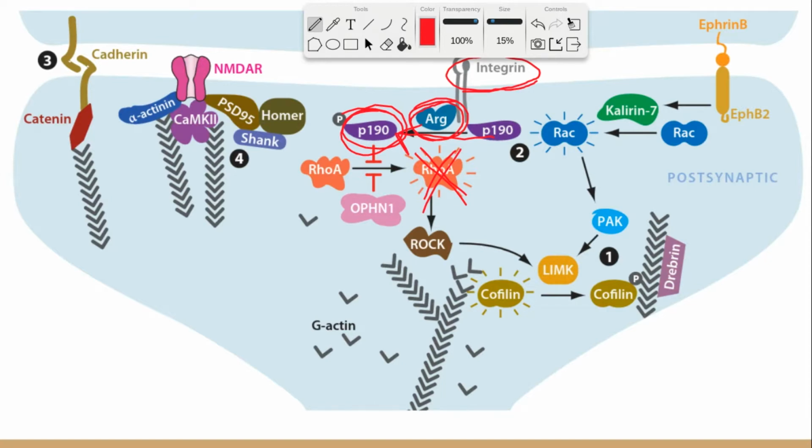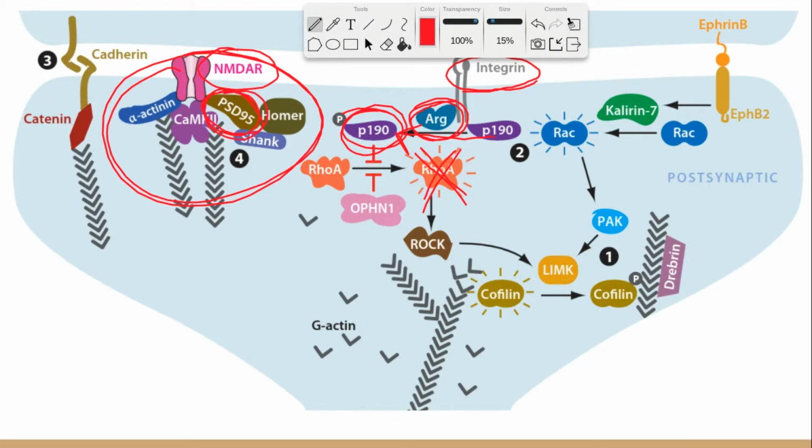Okay, the final complex in this image is this NMDAR complex. And this is kind of the classic postsynaptic density that we're going to discuss more on the next slide. So NMDAR is, of course, a glutamate receptor embedded in the membrane, and its intracellular domain is linked up in this postsynaptic density that is primarily nucleated by this PSD95.